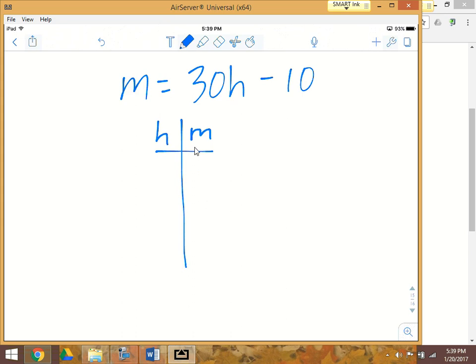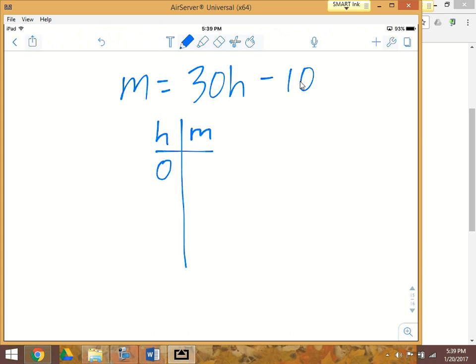Okay, so now at this point, we just want to plug some numbers in and see what we get. You can use a calculator to do this. I usually pick pretty easy numbers so you get a feel for what's happening in the equation. So let's just take 0, for example. Like 0 hours. Well, 30 times 0, because this is multiplication, is 0.